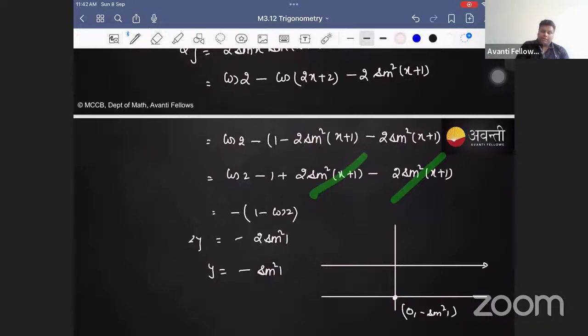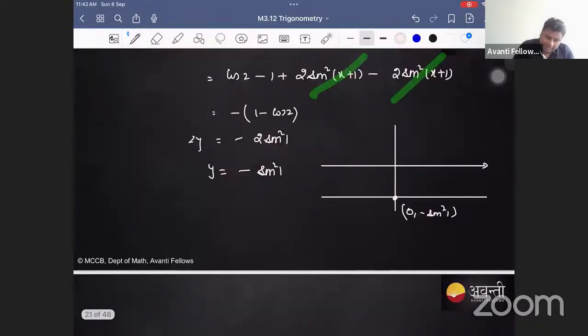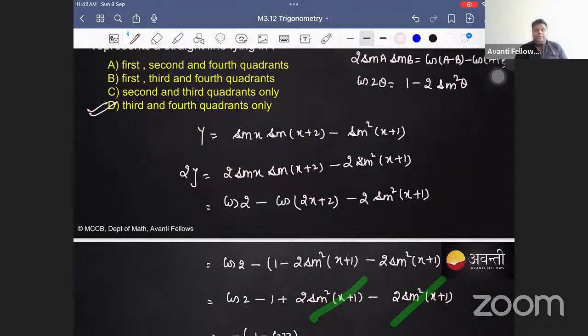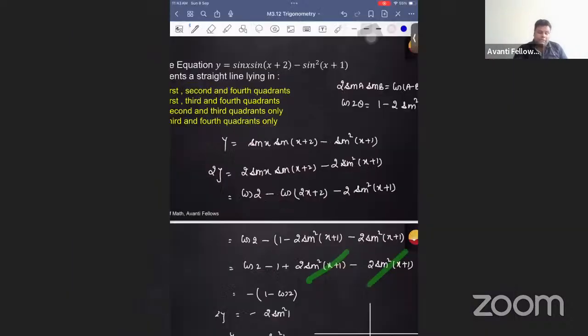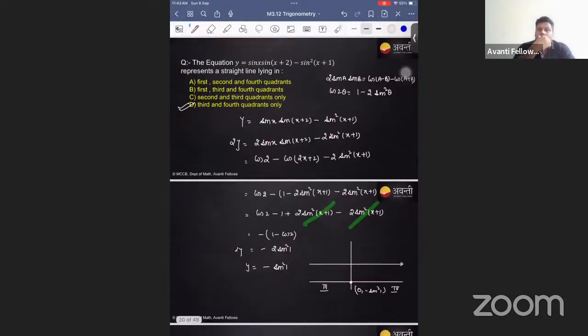So 0 comma minus of sin square 1. And this is a line which is lying in the third and fourth quadrant. Simple question. This was also not the latest, but it was an earlier JEE Advanced question, quite long ago. See it once.